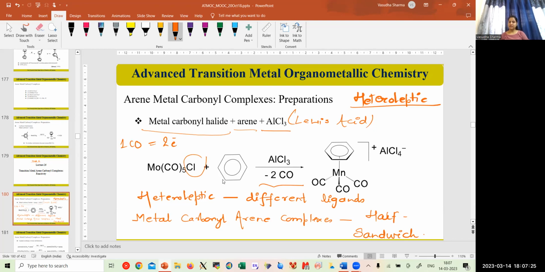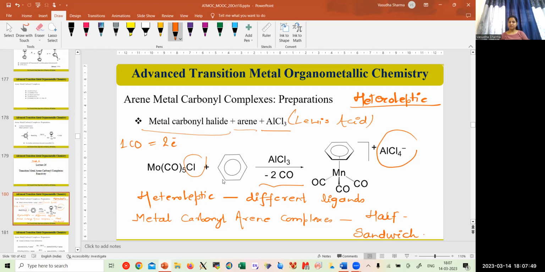That one Cl has been taken up by the AlCl3, making it AlCl4 negative and giving a positive charge on the total manganese complex, where two carbonyls have been lost. To balance the charge, the arene ring is coordinating with the manganese, followed by three CO ligands, giving a positive charge.